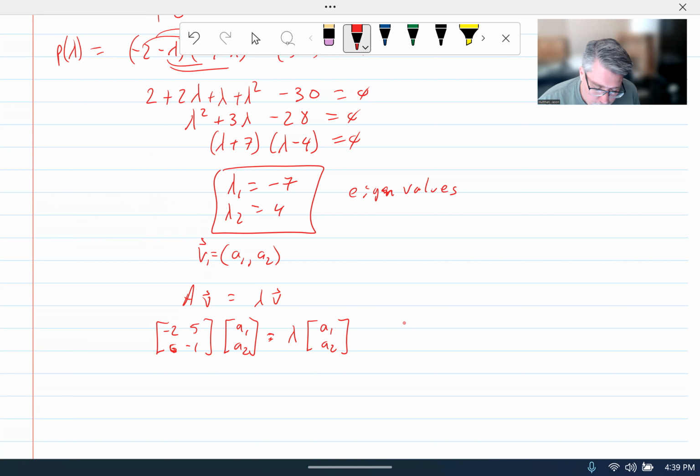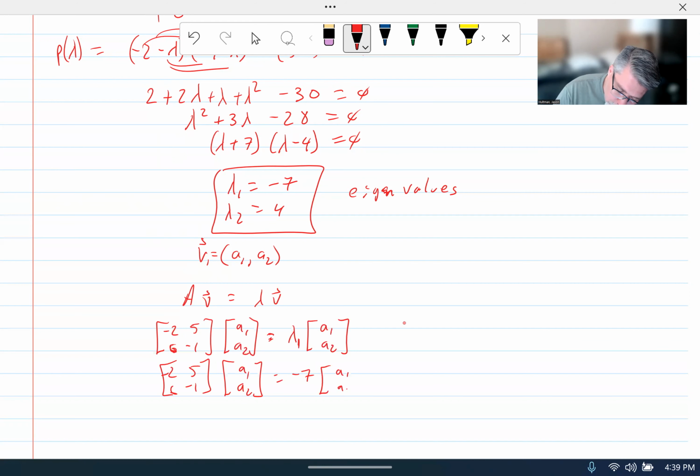But what's lambda for V1? That's just lambda 1. For eigenvector 1, we'll have eigenvalue 1, lambda 1. So -2, 5, 6, -1 times A1, A2 is going to equal -7 times A1, A2.